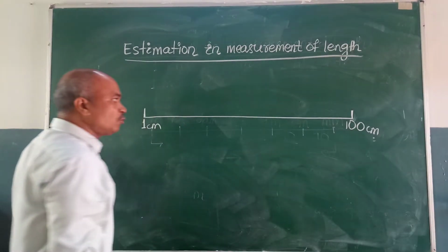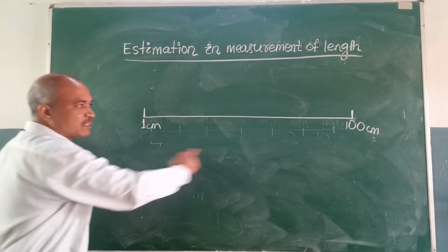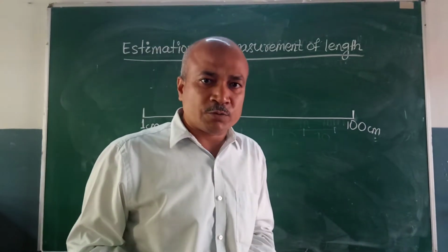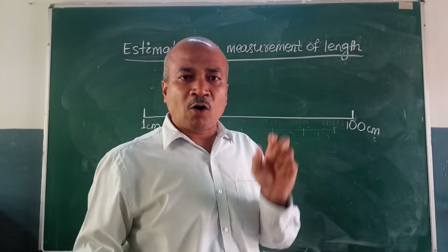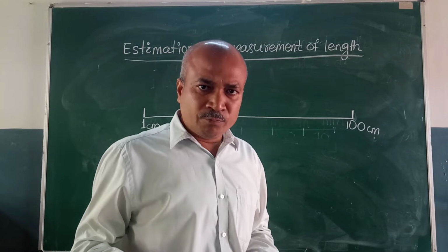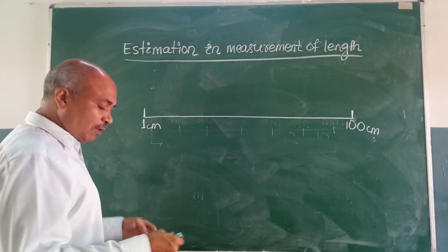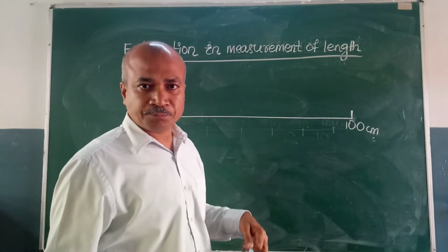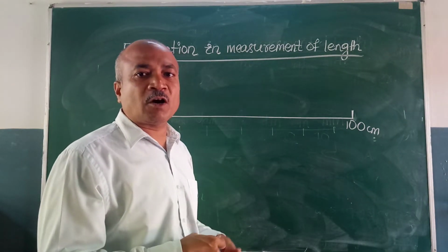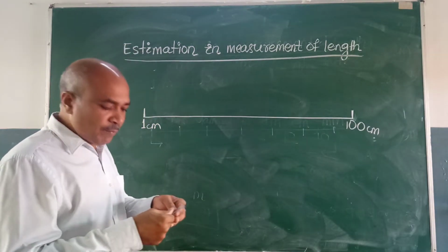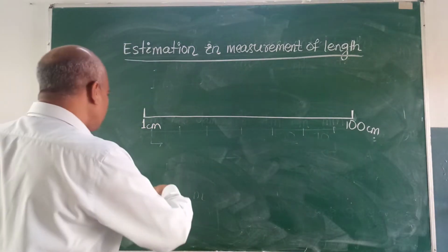Suppose now I ask you to measure the length of this blackboard. So which unit will you use? Whether millimeter or centimeter or meter. So here, in order to measure this, we will take the help of the meter. The convenient unit to measure the length of the blackboard is meter. Now let us see.